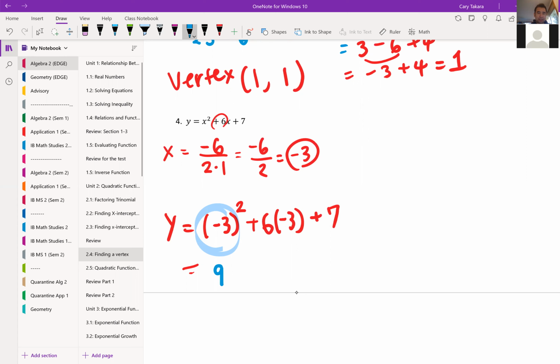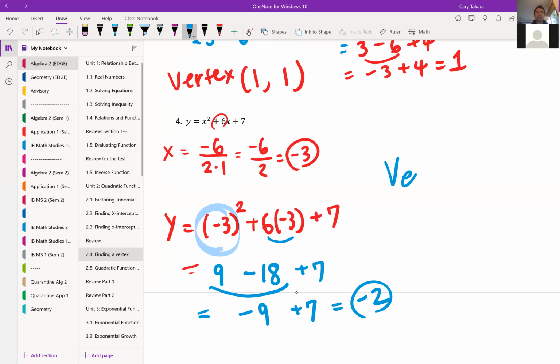And then 6 times negative 3 is negative 18. Then plus 7. So 9 minus 18 is negative 9, plus 7. Negative 9 plus 7 will be negative 2. So the vertex is negative 3, negative 2.